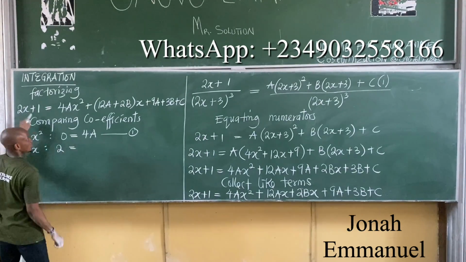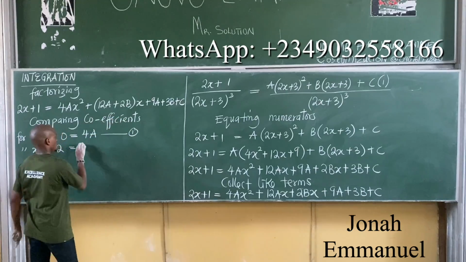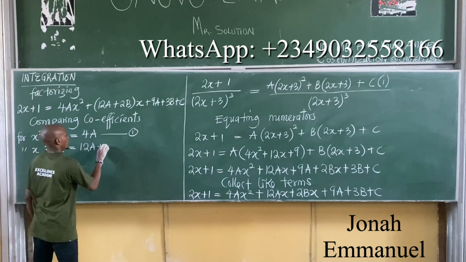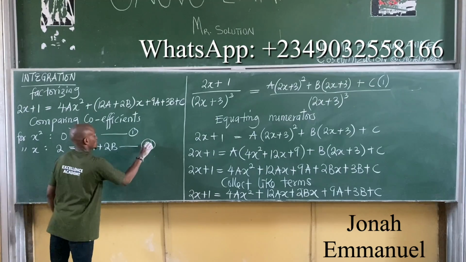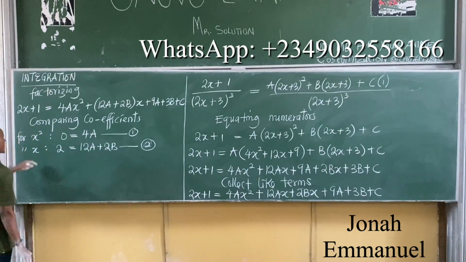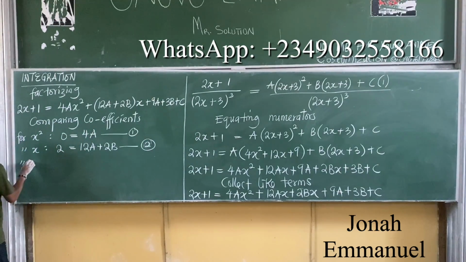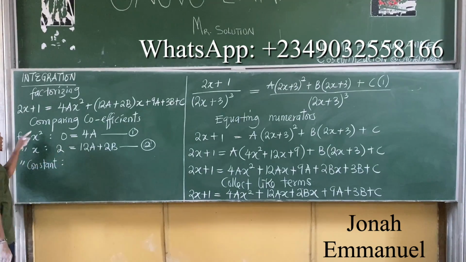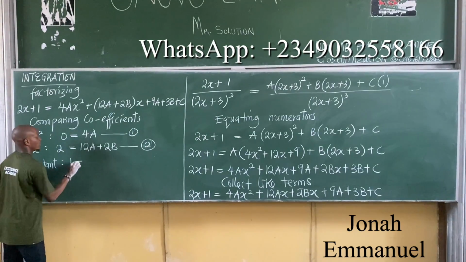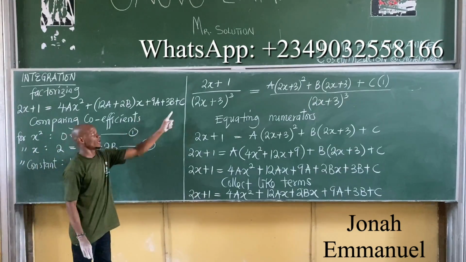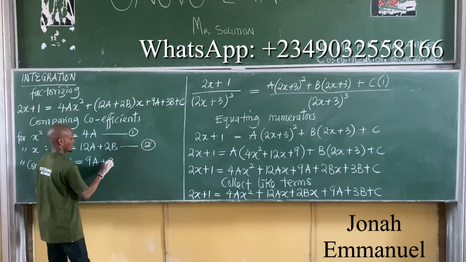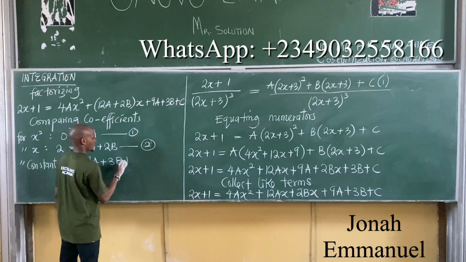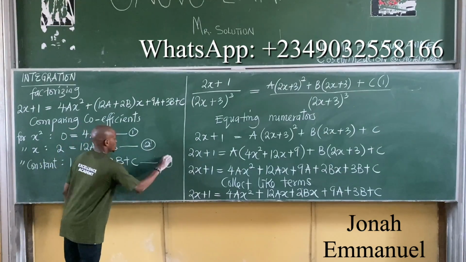So 2 is equal to 12a plus 2b. Call this equation 2. For constants, I have here 1 is equal to 9a plus 3b plus c. Call this 3.